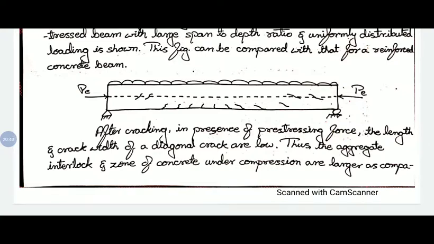If you are not applying the pre-stressing force, the strength due to interlocking of aggregates and concrete will reduce. So when you apply the pre-stressing force, the interlock strength also increases and the zone of concrete also increases. Hence, shear strength of concrete increases in presence of pre-stressing force. Obviously the strength increases, and this is accounted for in the expression of VC.